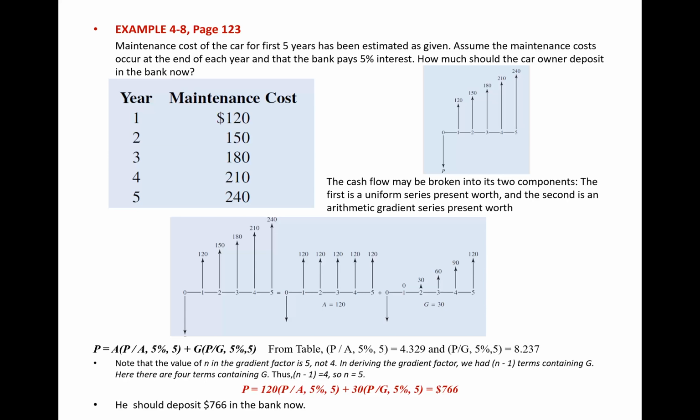Now let's make an example. The maintenance cost of the car for the first 5 years has been estimated as given. Assume the maintenance costs occur at the end of each year, and that the bank pays 5% interest. How much should the car owner deposit in the bank now?